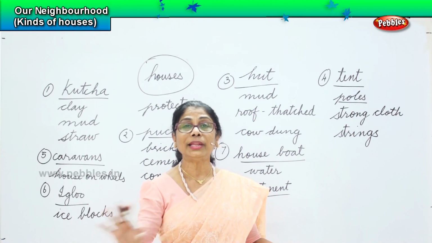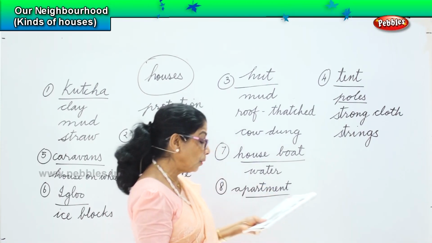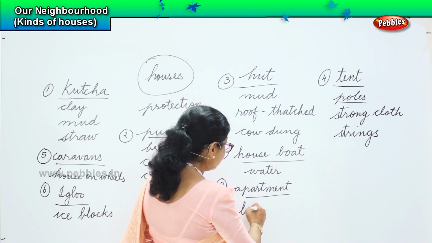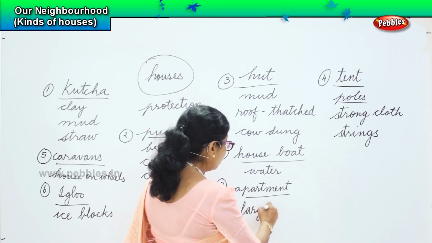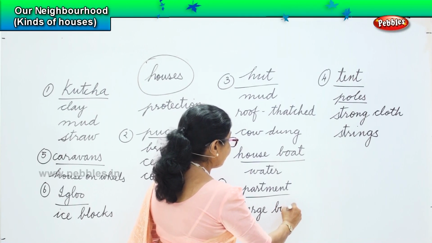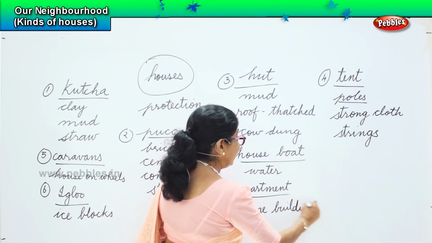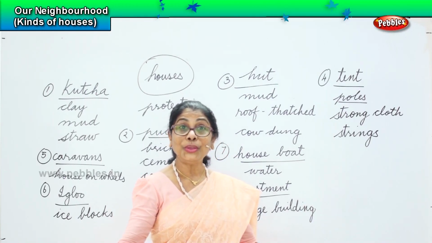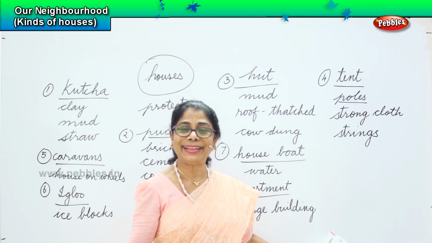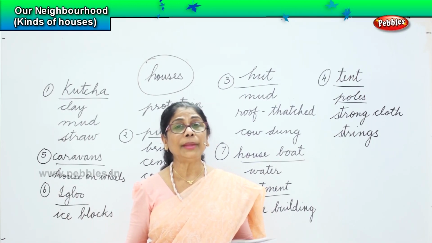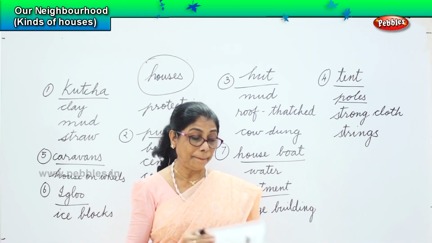Mostly you will have 2 rooms, 3 rooms, 4 rooms. Many families live in a huge building, and all live in small apartments or big apartments.